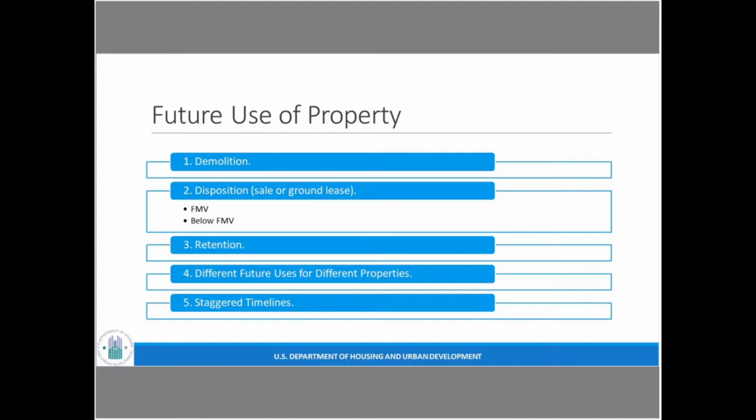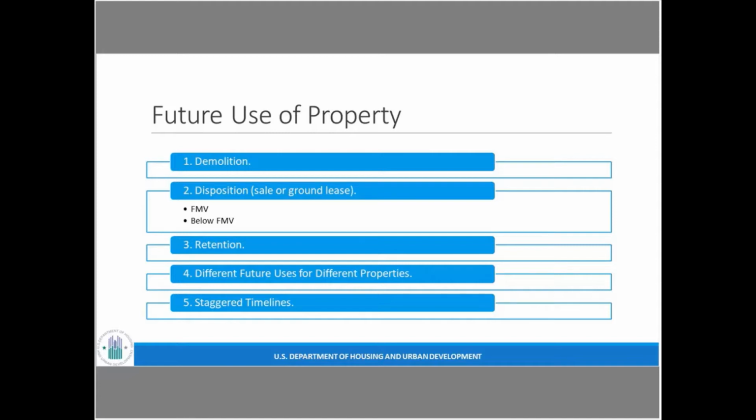All of the technical requirements of Section 18 disposition do not apply. However, we'll generally be using the same standards of commensurate public benefit for below fair market value dispositions, and we will be looking for some kind of good cause or commensurate public benefit, generally the continued use of the property as affordable rental housing in order to approve a below fair market value transfer.